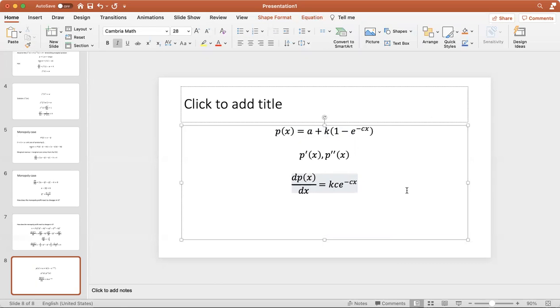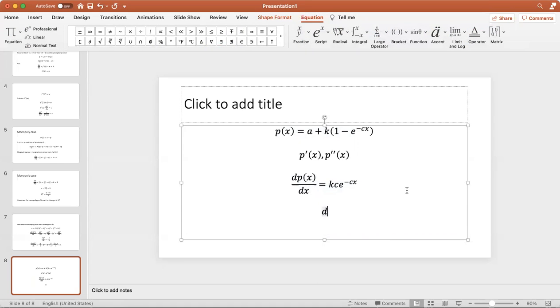And then we'll have the second derivative of P of X with respect to X squared. You take the derivative of this function with respect to X, so you'll have negative KC squared E raised to negative CX.